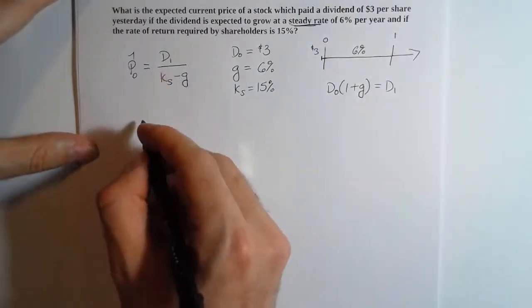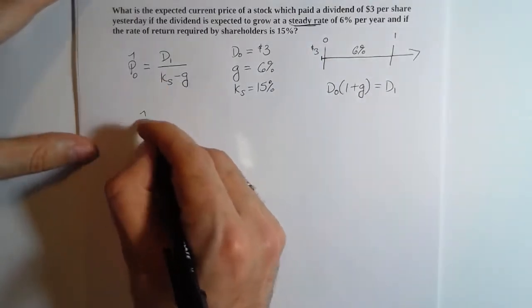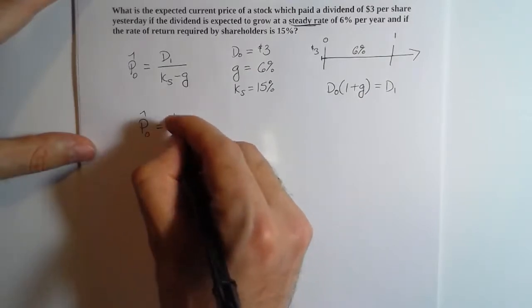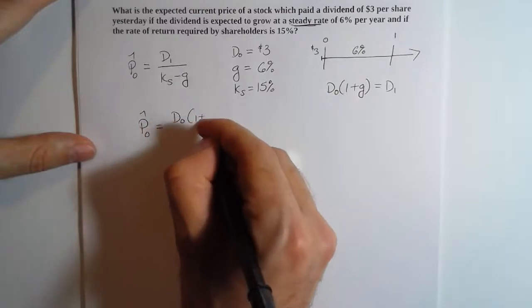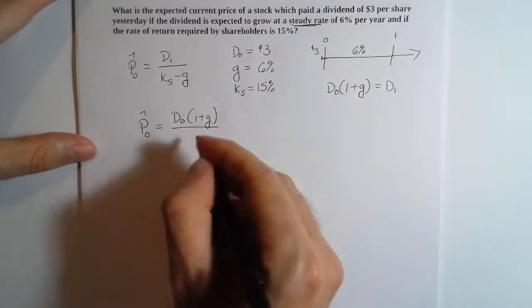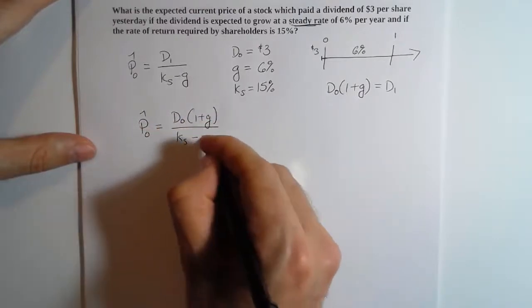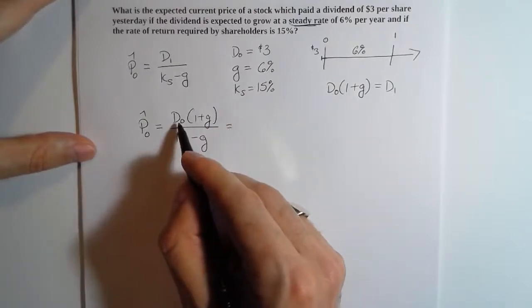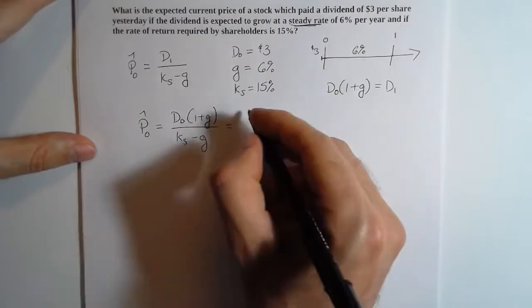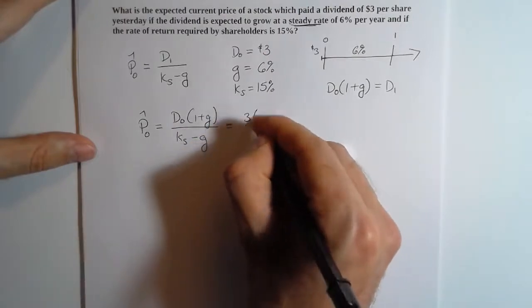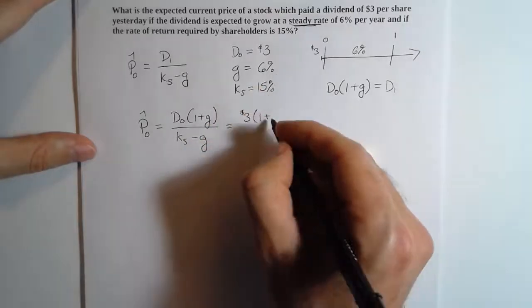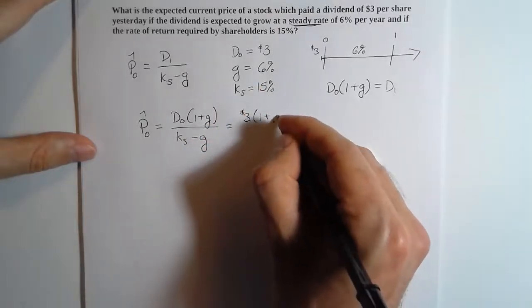So in that case, we'll do our formula. Our expected price today is equal to D0 times 1 plus the growth rate over Ks minus the growth rate. If we substitute in, D0 is what they paid yesterday in terms of dividend, so that's $3. And then we know that the growth rate is equal to 6%, so I'm going to put that in decimal form, 0.06.